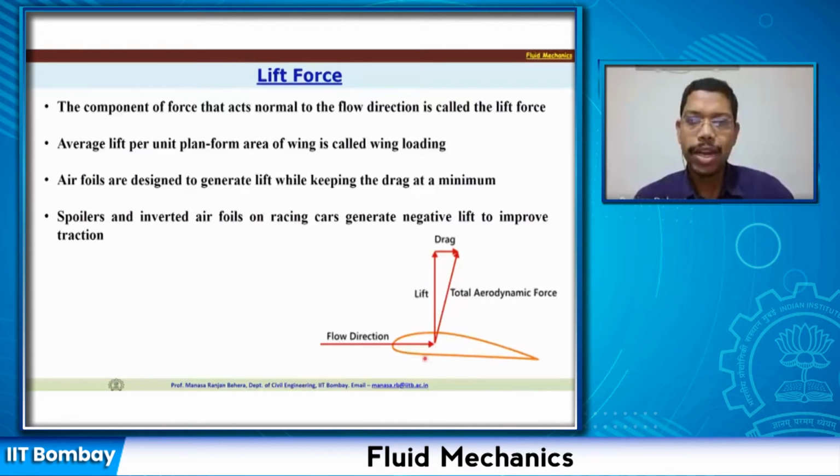This shape is called a cambered shape, and a lift force is going to be generated in the upward direction. We'll see how it is generated and what happens. But let us now understand that lift force is generated in the upward direction because of the shape. Now if I reverse or flip this orientation, then what will happen? The lift force is going to act in the downward direction.